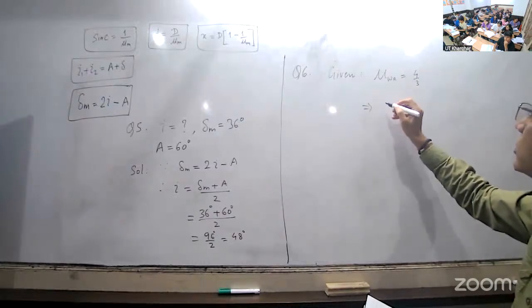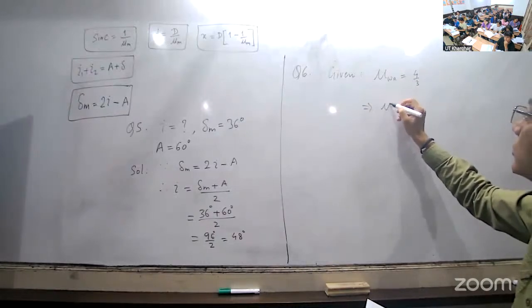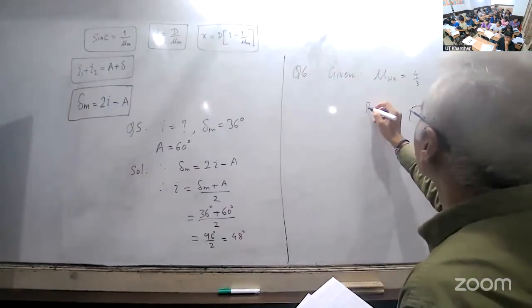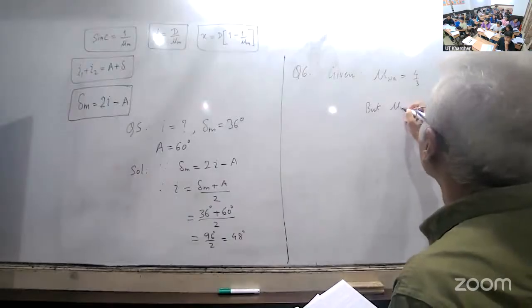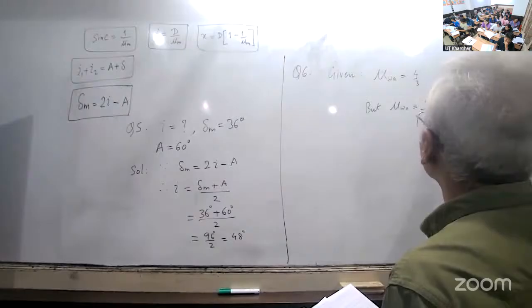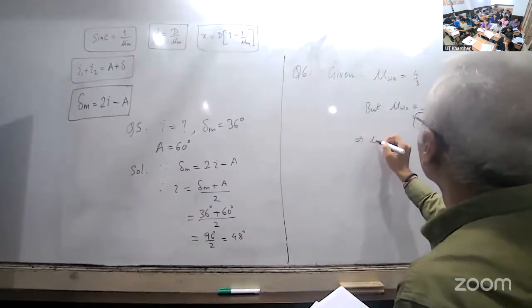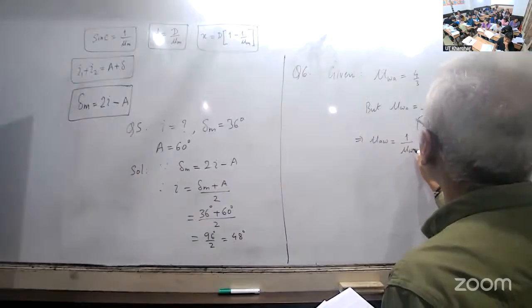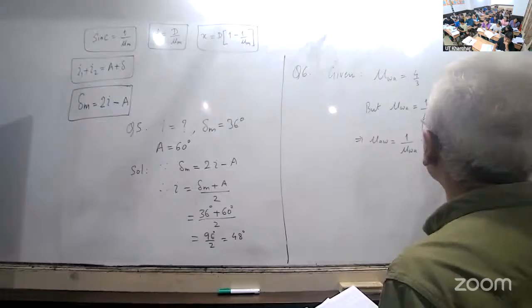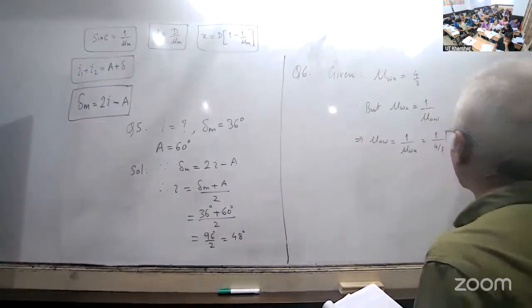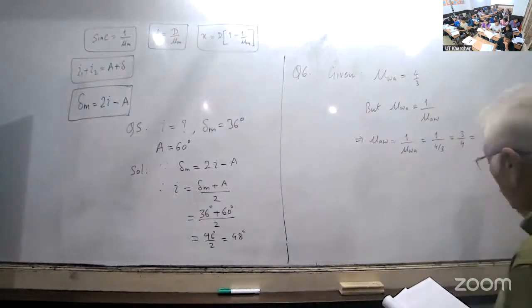Therefore, the refractive index of air with respect to water is equal to 1 over the refractive index of water with respect to air. Let's see what happens: 1 divided by 4/3, that is 3/4, which will be 0.75.